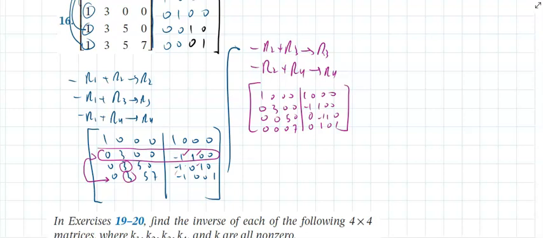And as you see, all I have to do now is take row 2 divided by 3, put it back in row 2. Row 3 divided by 5, put it back in row 3, and row 4 divided by 7, put it back in row 4. So what will happen?